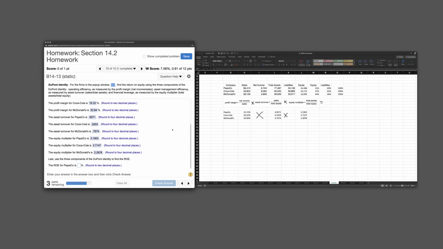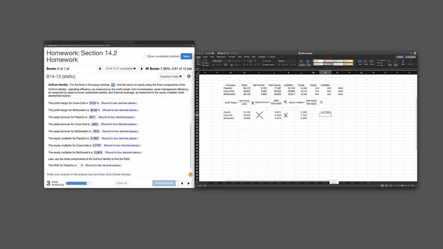All right, so finally we want to actually compute the DuPont identity, okay? In other words, find the ROE in this regard. So we are going to take the product of all three of our components, and we will figure out.